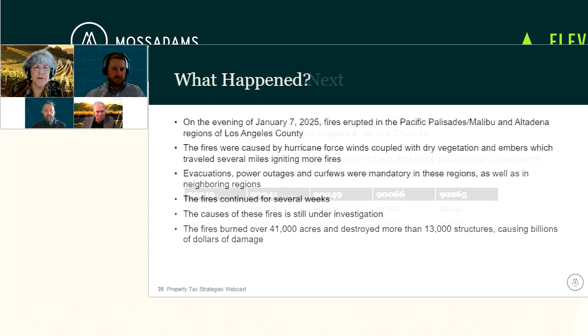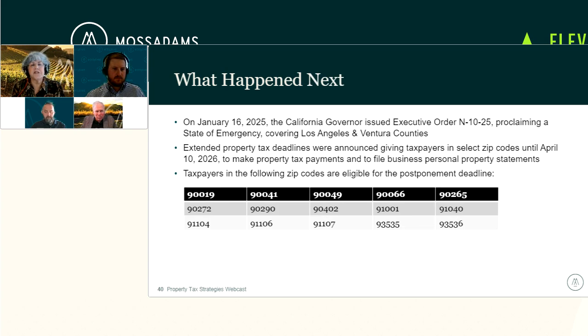So what happened next? On January 6th, the governor issued Executive Order N-1025, proclaiming a state of emergency covering Los Angeles and Ventura counties. You should know there were also fires in Ventura County. Listen, every fire is bad. Those fires in Ventura weren't quite as significant as the ones that we had for Palisades and the Eaton fire.